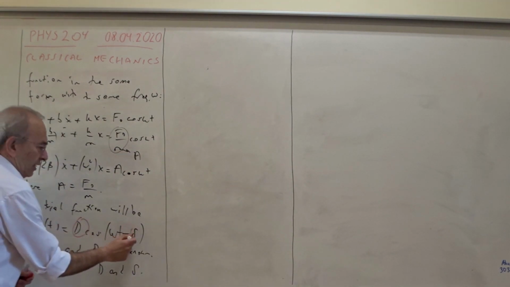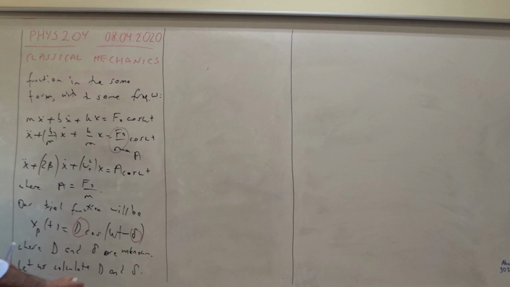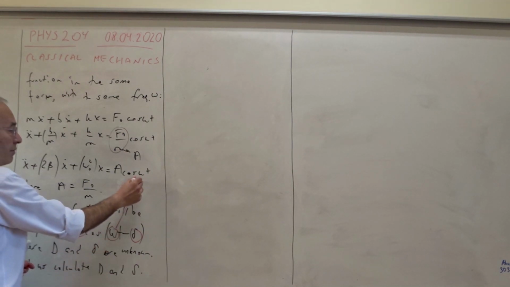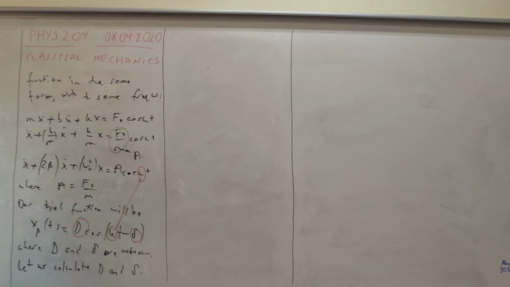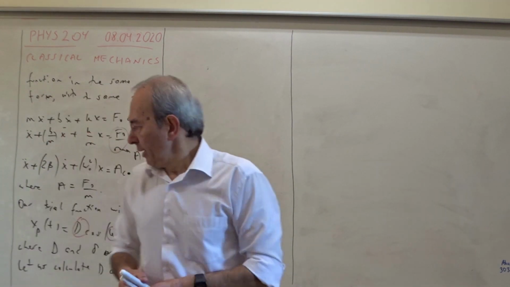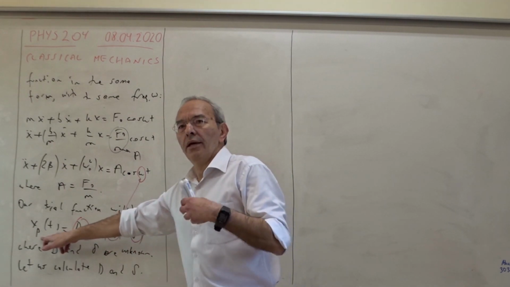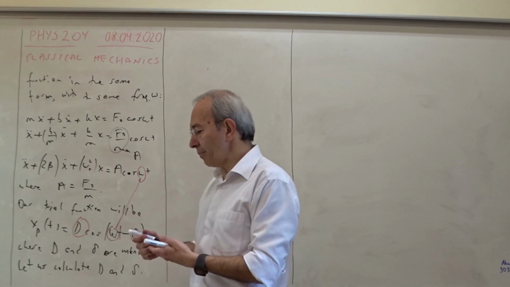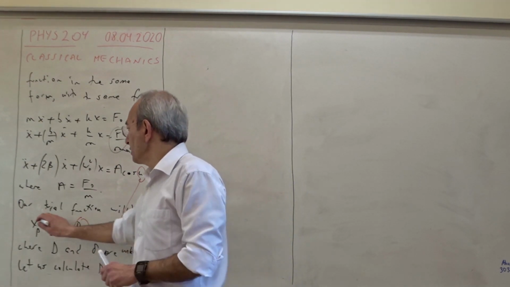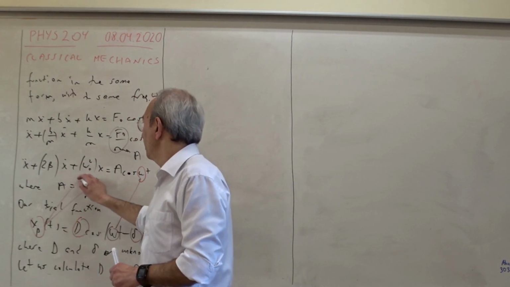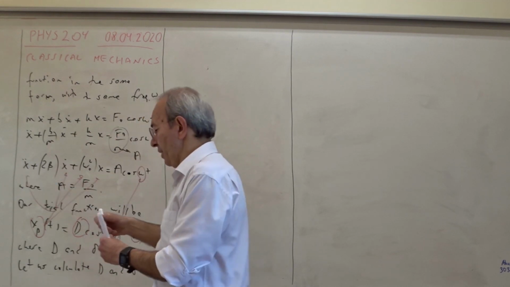Now we will try to find what this D and what this delta should be, because we assume that this omega has to be the same as the applied omega. And we will also try to see the possibility of omega being, for example, equal to the natural frequency omega 0 of the system. Now let our trial function be substituted into this equation.